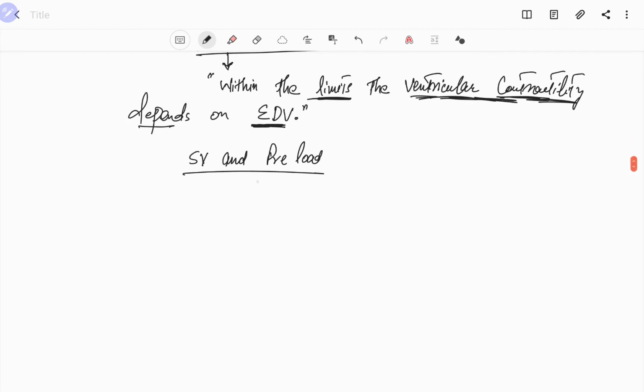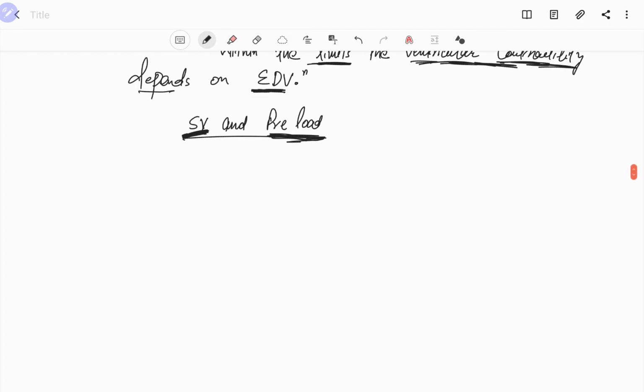So here we will draw a relation between the stroke volume and preload. You already know that stroke volume is the volume of blood that the ventricle passes in each contraction or each pump. Every time a ventricle pumps, the blood that it pushes out into our circulatory system, vessels and veins, is called the stroke volume.